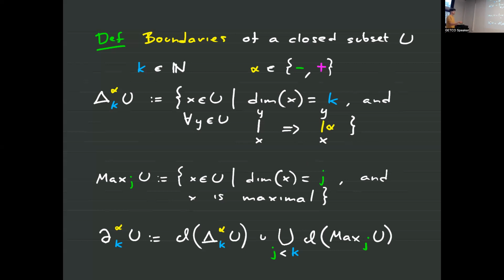The way we do it is we consider first this set, delta alpha k of U, which is the set of all the k-dimensional elements which, whenever they're the face of an element of U, have this orientation alpha. So for example, they're the k-dimensional things which are always input faces or always output faces whenever they're a face of some element of U.